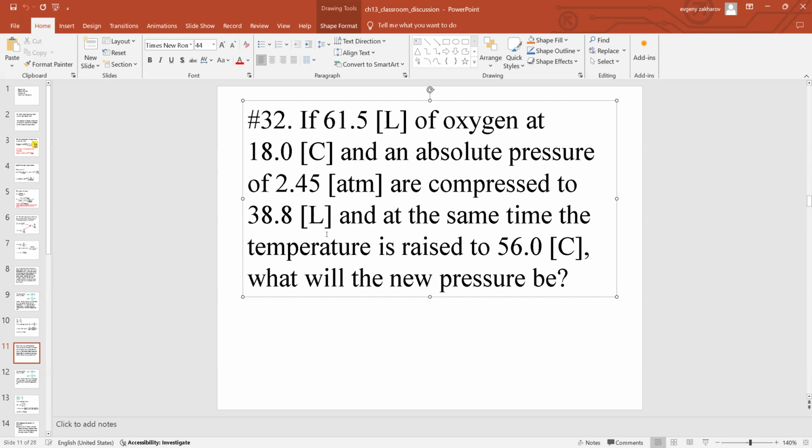And then it is compressed to 38 liters, and at the same time, temperature is raised to 56 degrees. What's the new pressure? See how the volume, the temperature, and pressure are all connected. So a change in one parameter would produce changes in other parameters. For all of those changes, we have the ideal gas law.